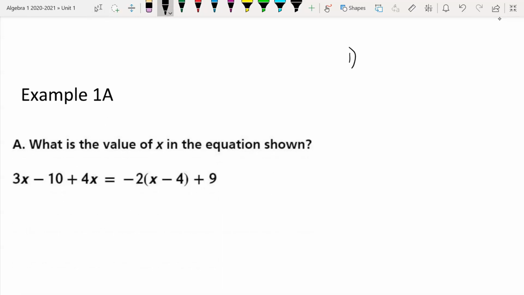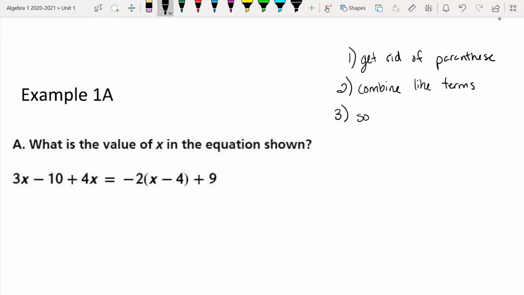Step one, we're going to get rid of our parentheses. Step two, we're going to combine like terms. And then step three, we're going to solve the equation.